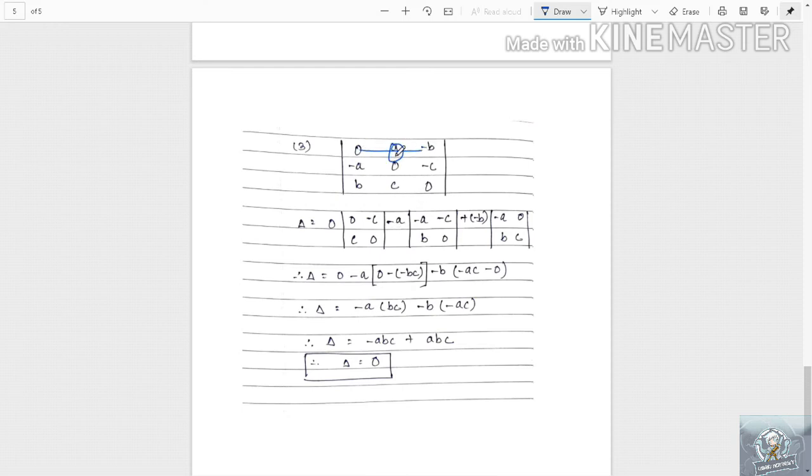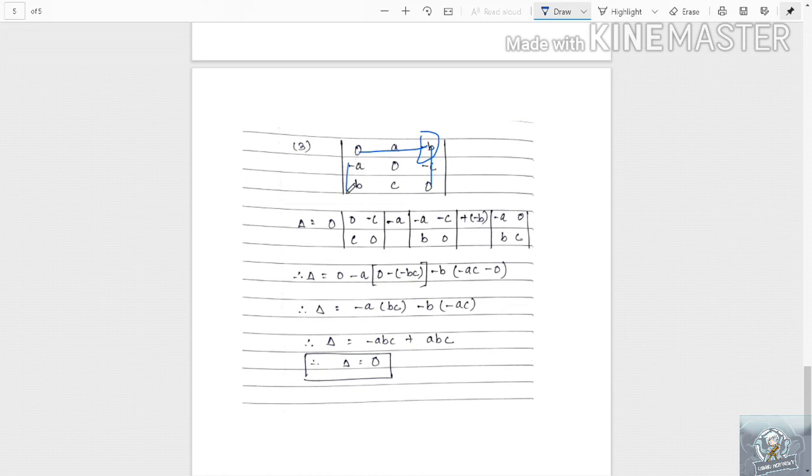Then hide row 1 and column 2. What is left? Minus A, B, minus C and 0. Copy as it is beside minus A. Then again we have to copy minus B and hide row 1 and column 3. Here plus will come, and in bracket minus B will come.